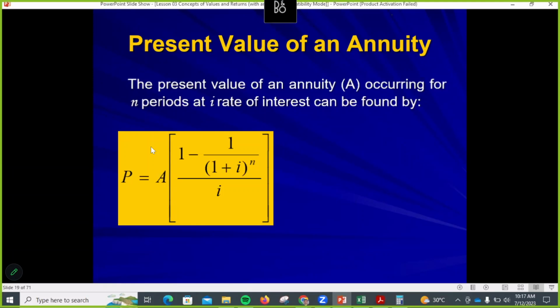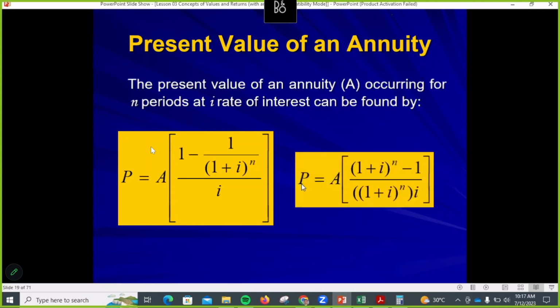So there's a simple way to apply this formula. You can rearrange it and put it like this: 1 plus i to the power n minus 1, into 1 plus i to the power n into i. This also may be difficult.